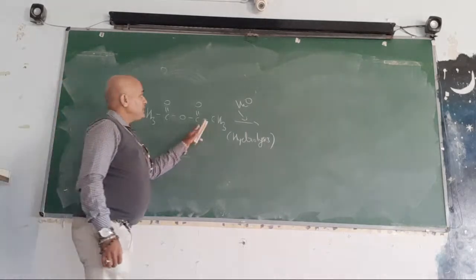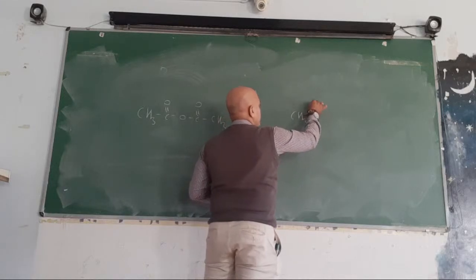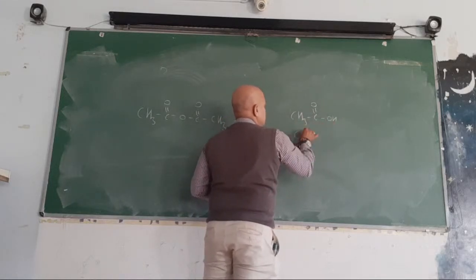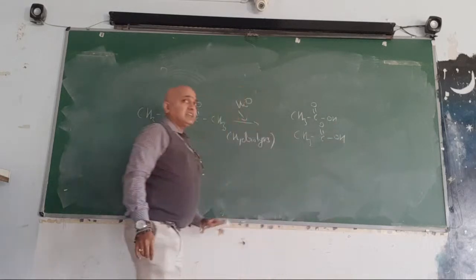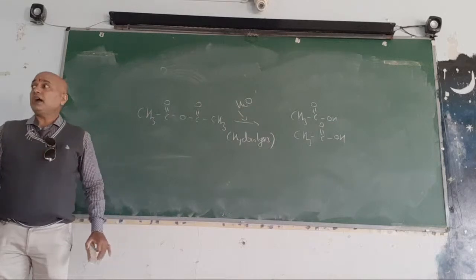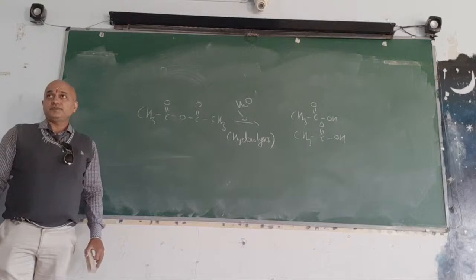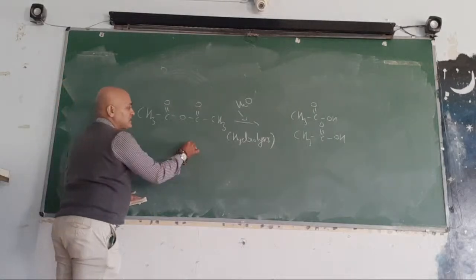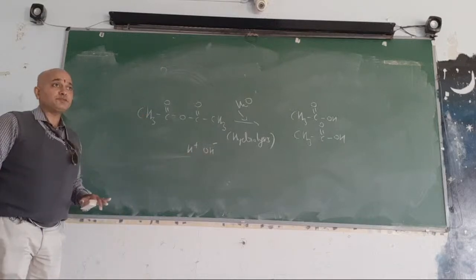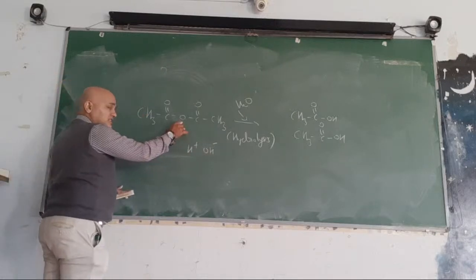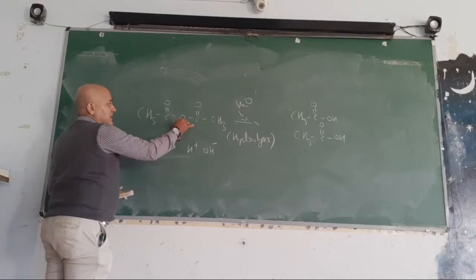Okay? So this molecule will give rise to two molecules of acetic acid. Since I have taken acetic anhydride, I am going to get two molecules of acetic acid. Say for example, H plus, OH minus. If I take water, H plus, OH minus. Oxygen is electronegative. Either of these two bonds will be cleaved.